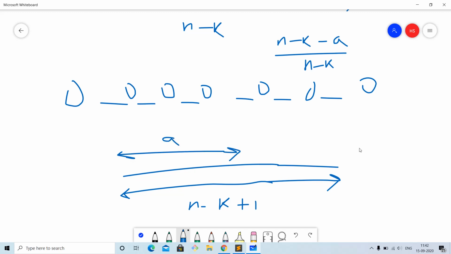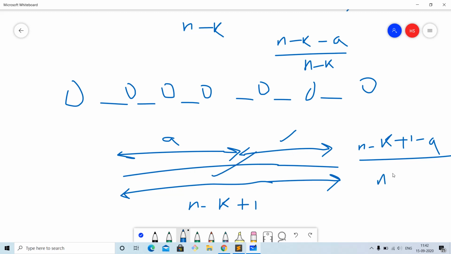So the probability of the weak monsters causing damage will be n minus k plus 1 minus a by n minus k plus 1. This is the contribution of the damage by the weak monsters.